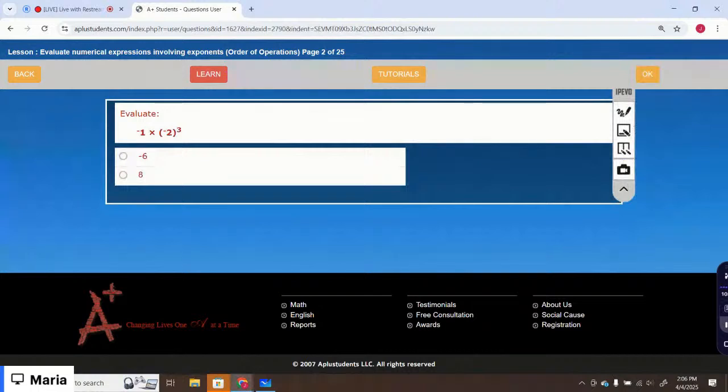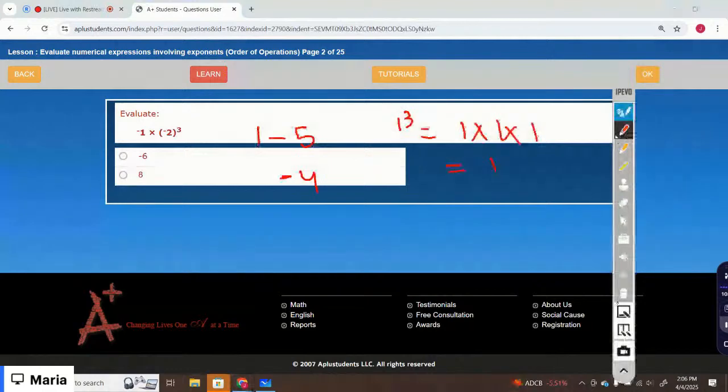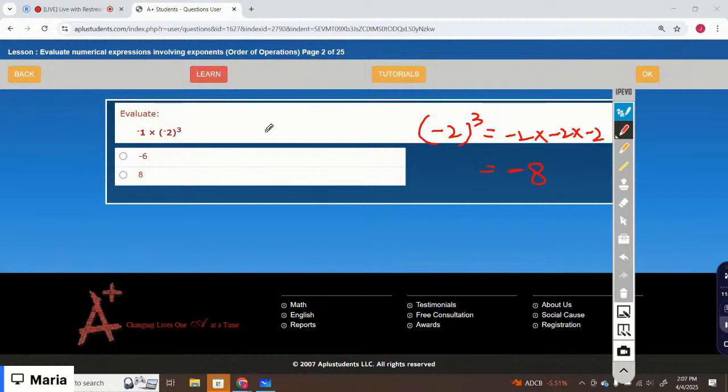-1 times -2 cube. The first thing is you need to evaluate the exponent. That is -2 cube, which equals -2 times -2 times -2. 2 times 2 is 4, times 2 is 8, so that is -8. So that is -1 times -8.